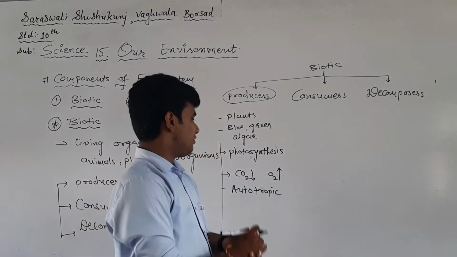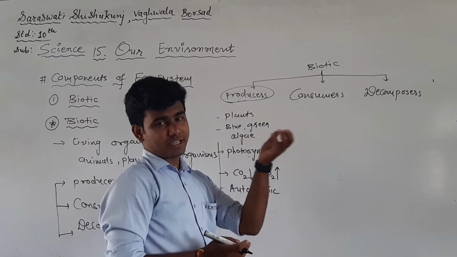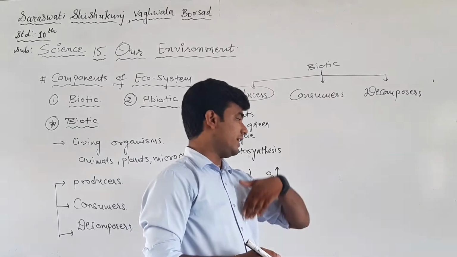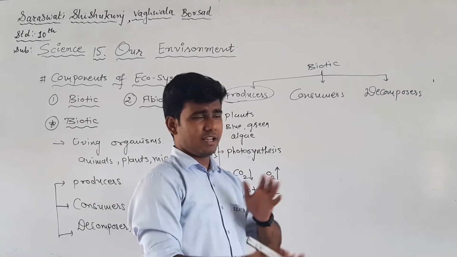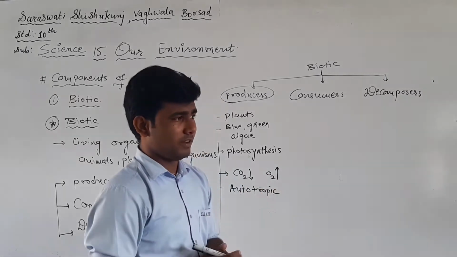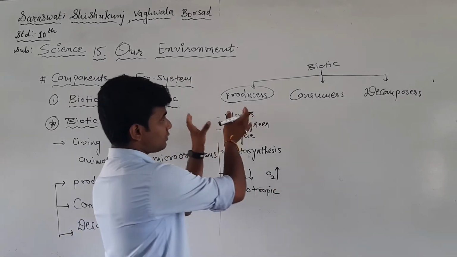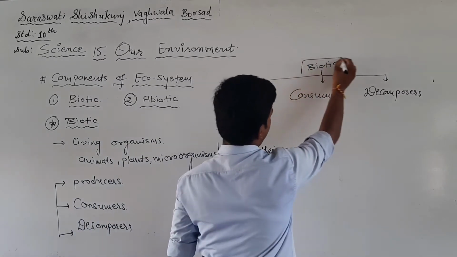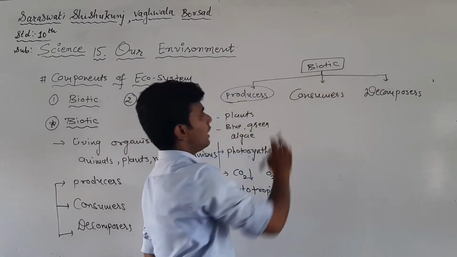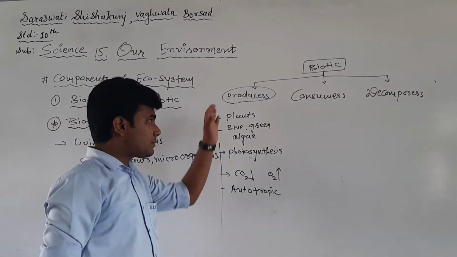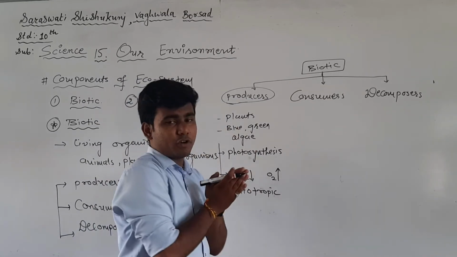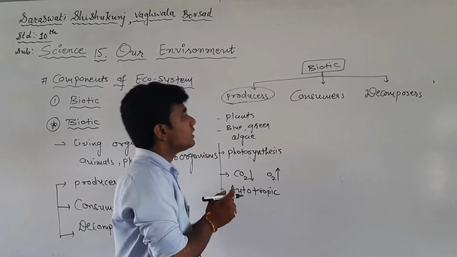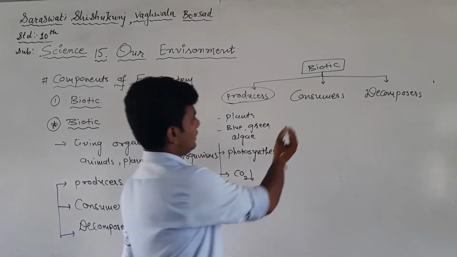In that case, we also know that they will take carbon dioxide from the atmosphere and will release oxygen back to the atmosphere, and due to that the carbon cycle and oxygen cycle will get balanced, right? So this way in our biotic component of ecosystem we are clear about producers. This producers will be our first layer of the topic. Now the second one is consumers.